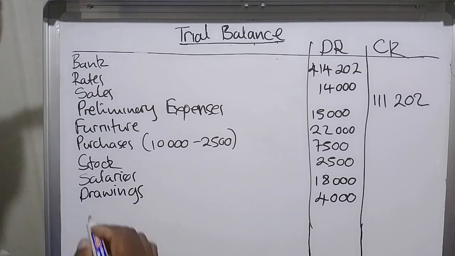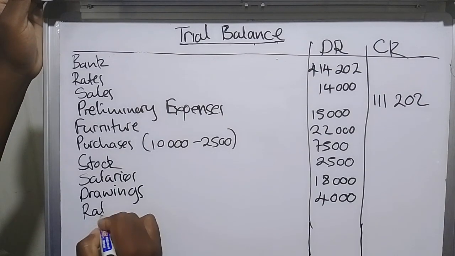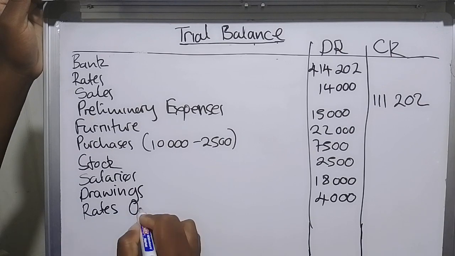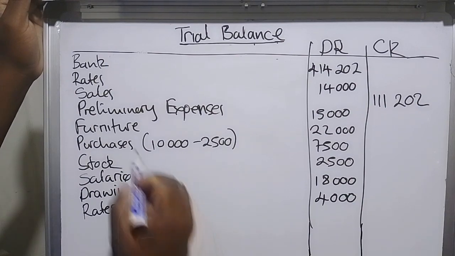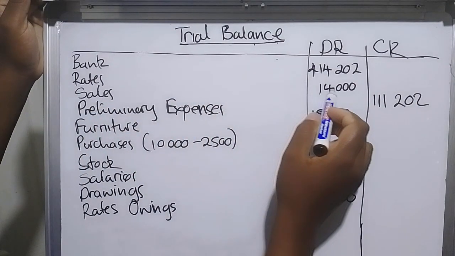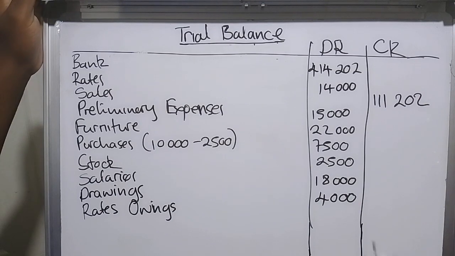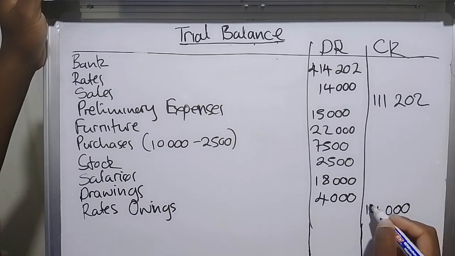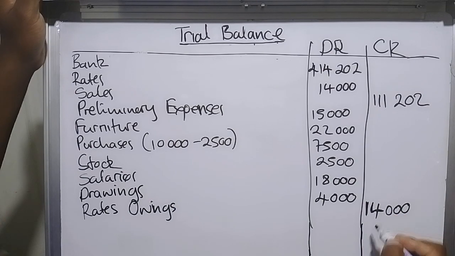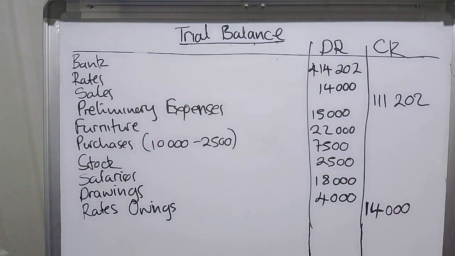Then we also have rates owing. The organization did not pay these rates, the 14,000 rates, so it goes on the credit side. It's an owing, it's a liability to the business.